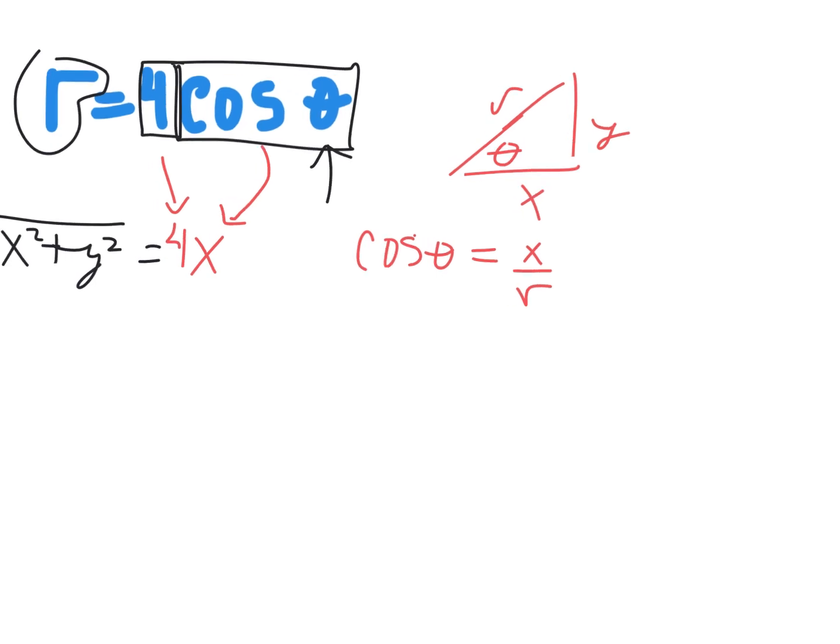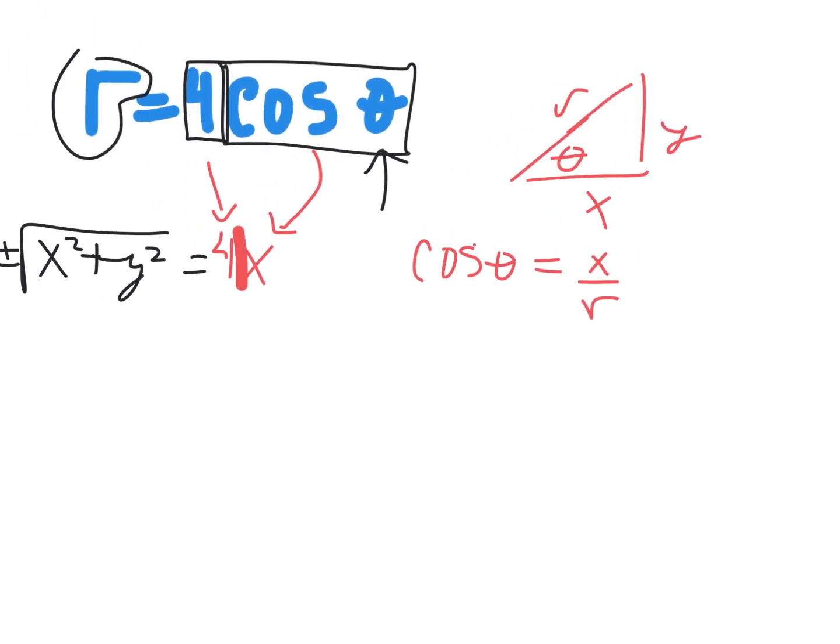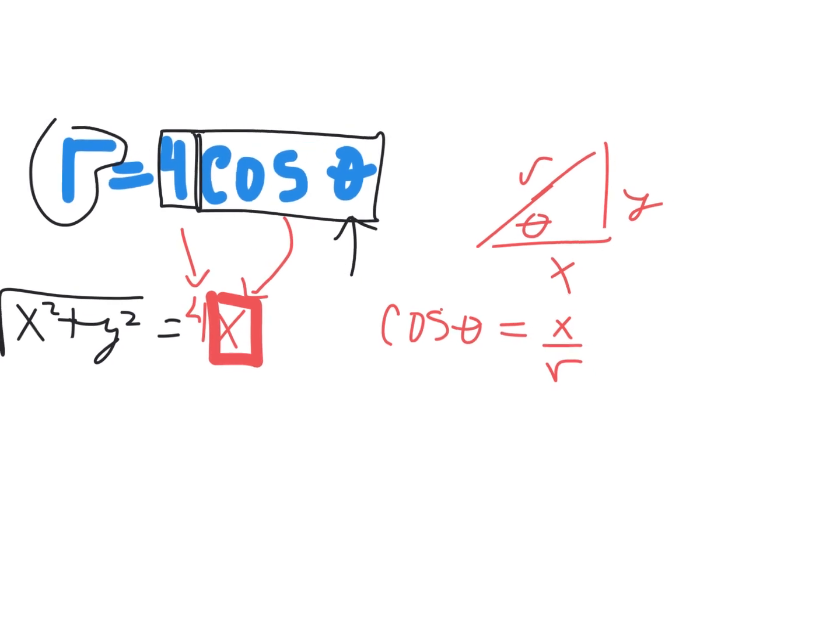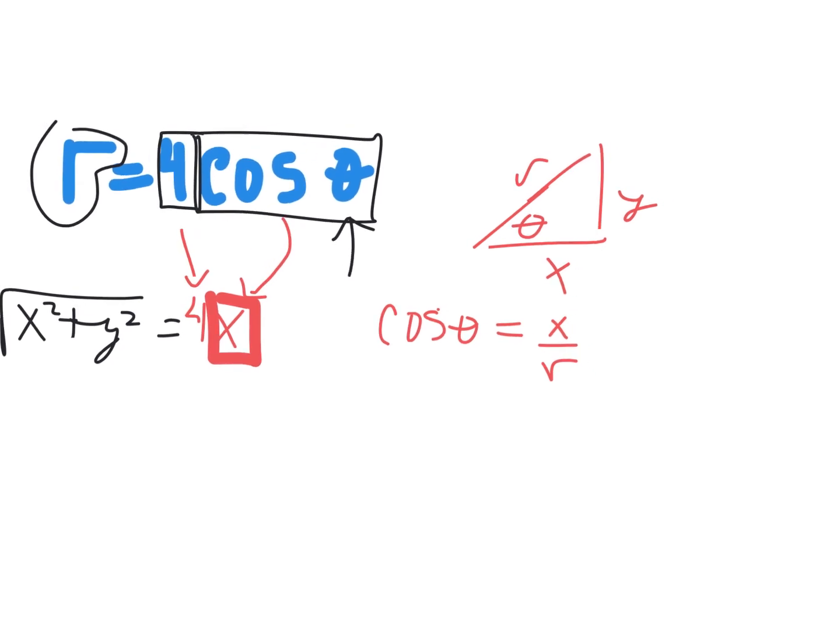So couldn't I replace this with r cosine theta? But I had a cosine theta, not an r cosine theta. Oh, it's making my head hurt. So times by r on both sides, see? X is r cosine theta. So what if I just have a cosine theta?